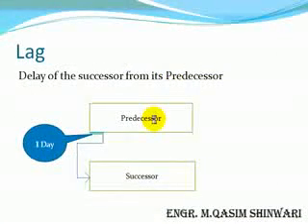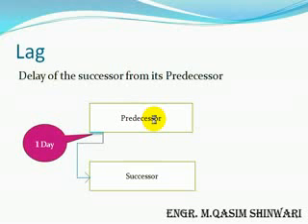Lag is actually the delay of the successor from its predecessor. For example, you can see that when the predecessor starts, after 1 day the successor is started. You can see that there is a lag of 1 day. This gap is known as lag. So we can start two activities simultaneously, but give a lag of 1 day or 2 days as needed.